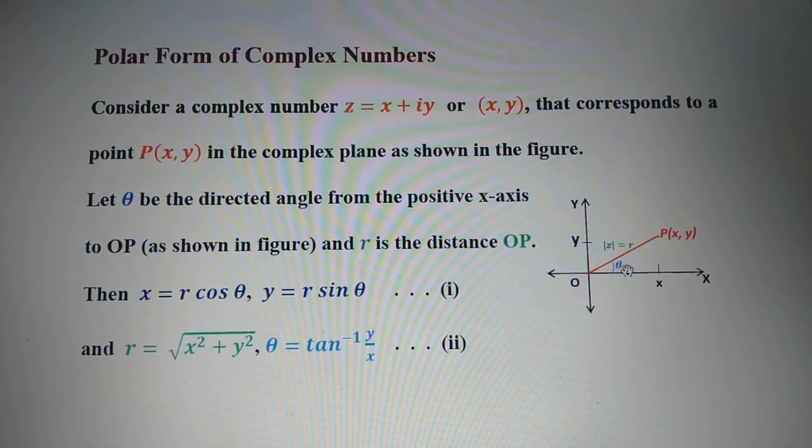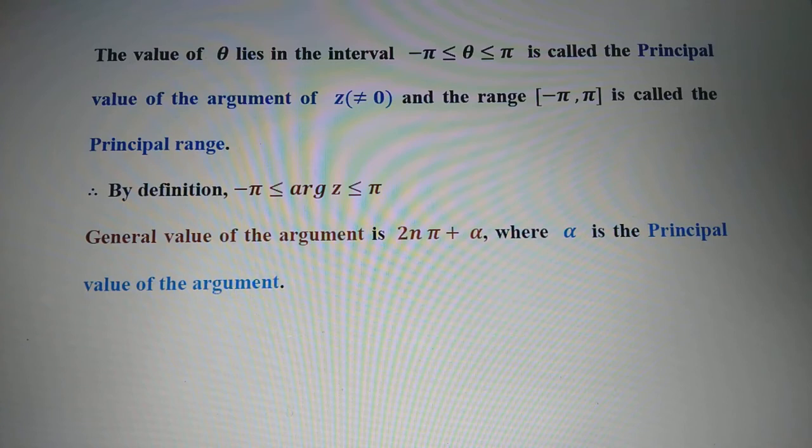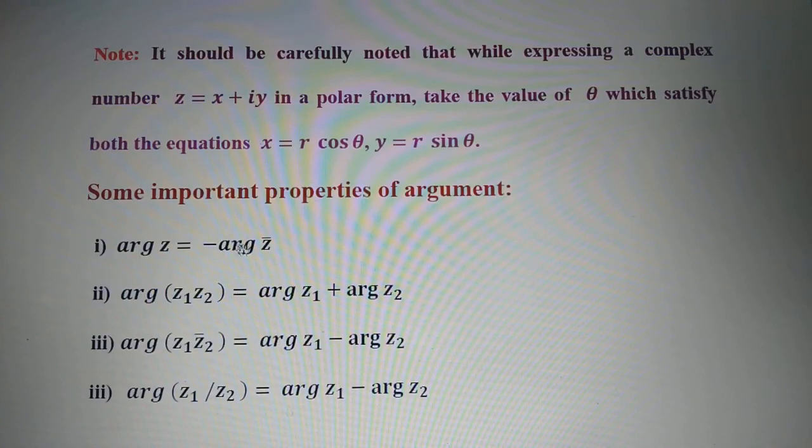Theta is the argument of z, and the argument of z bar is minus theta. So if you take the negative of the argument of z bar, that is negative of minus theta, that is theta, meaning the argument of z. That's why the argument of z is equal to the negative of the argument of z bar.